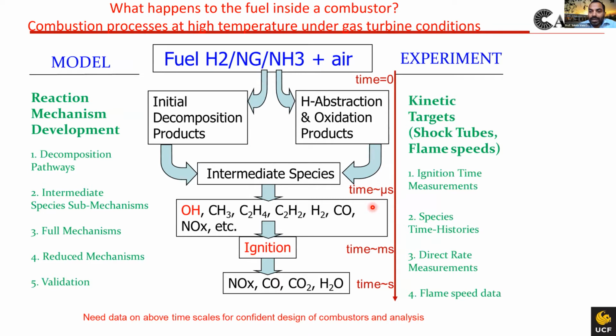In a microsecond, one millionth of a second, or thousandths of a second, there are things that break down the fuel, and there are species that form, and some of those species end up in the tailpipe at the back end. So CO, CO2, water are traditional products, but then you also produce NOx. NOx is nitrogen oxide. This is a pollutant that is regulated, and we don't want to produce NOx, but unfortunately it exists. So you have to minimize it to meet the requirement.